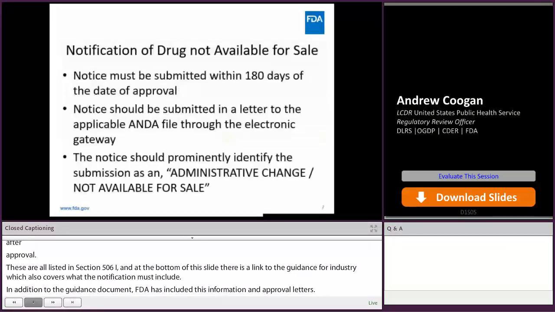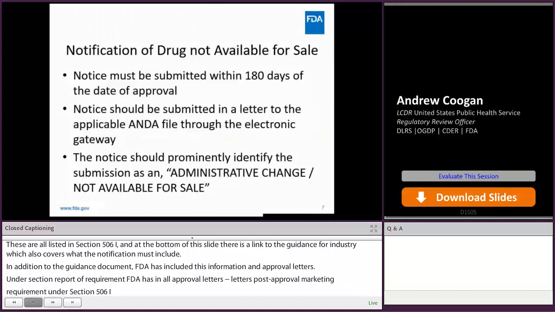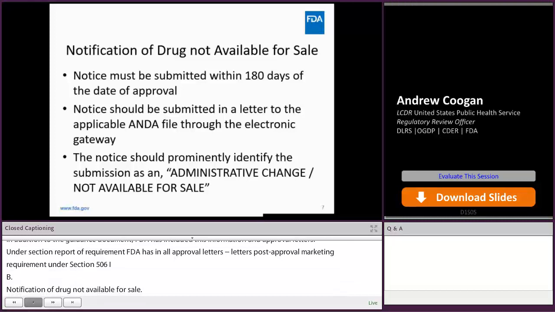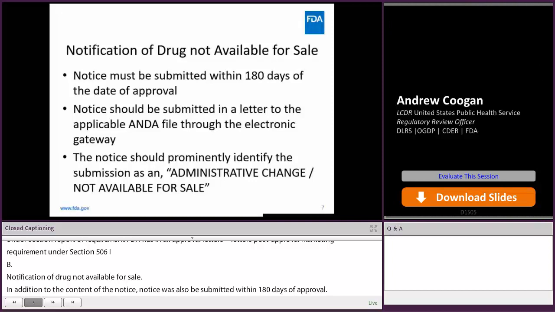The notice must also be submitted within 180 days of approval. The notice should be submitted in a letter to the applicable ANDA file through the electronic gateway, and the notice should prominently identify the submission as administrative change, not available for sale.